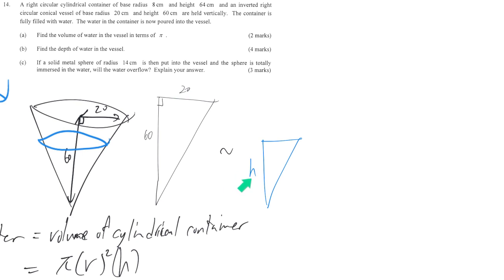So if this is h, then this one should be h divided by 3, because 60 divided by 3 gives you 20. So h divided by 3 gives you the base radius in terms of h. Now, both the base radius and the height can be expressed in one single unknown, so that we can form equations.